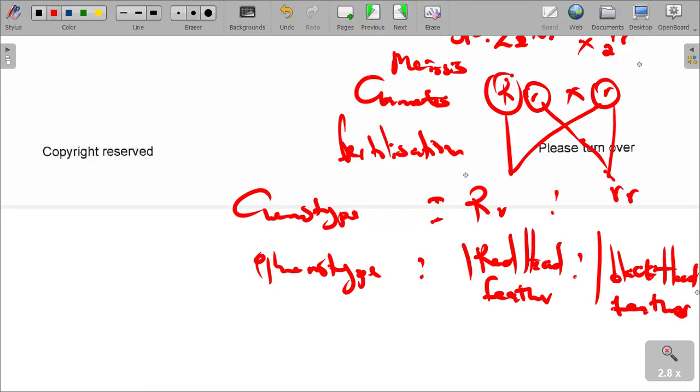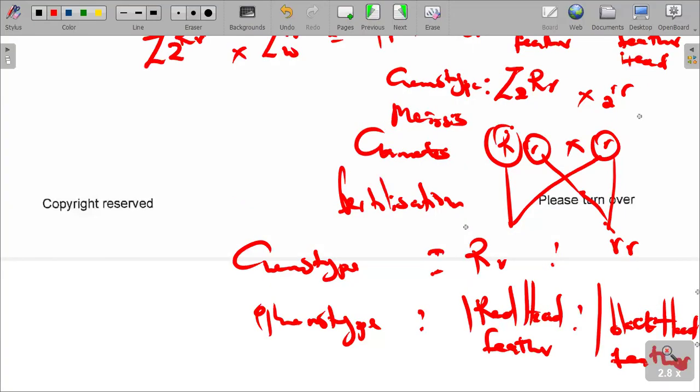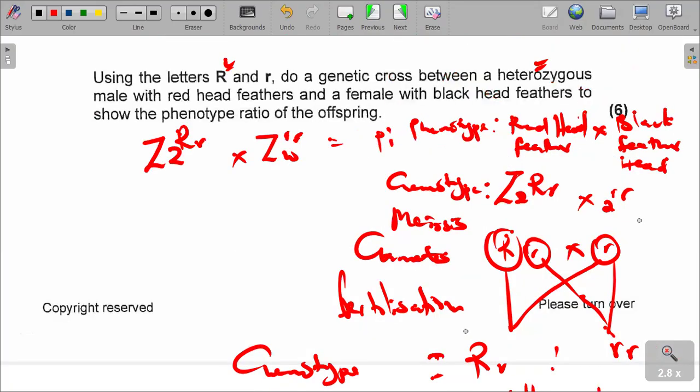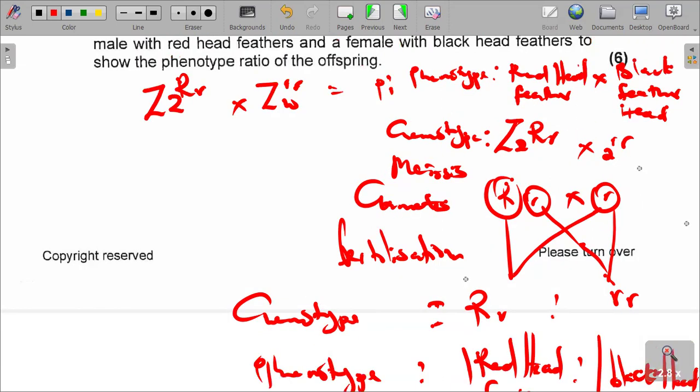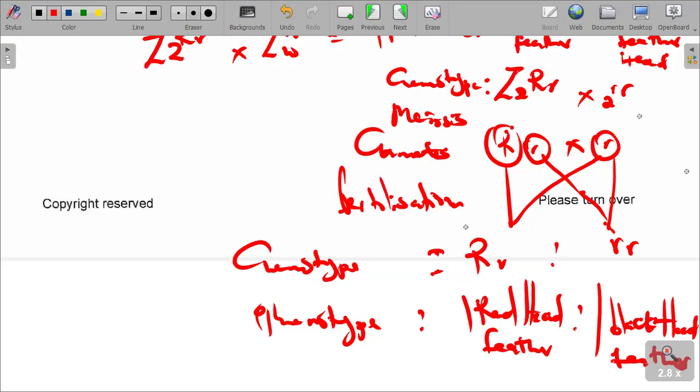So we are saying the phenotypic ratio is going to give us one red head versus one black head.